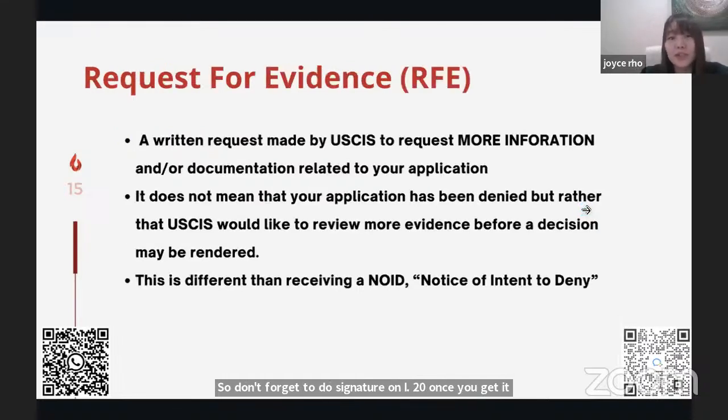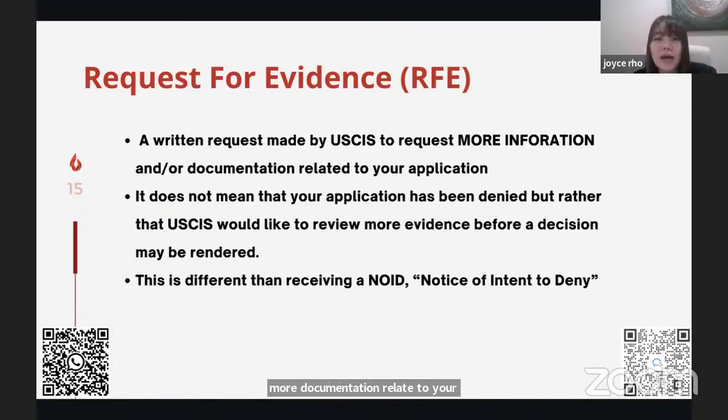And on the next page, before finalizing our presentation, I want to talk about RFE. I know it's a very scary moment if you receive an RFE letter from USCIS, I understand. But an RFE is merely a written request made by USCIS for more information or more documentation related to your change of status application.